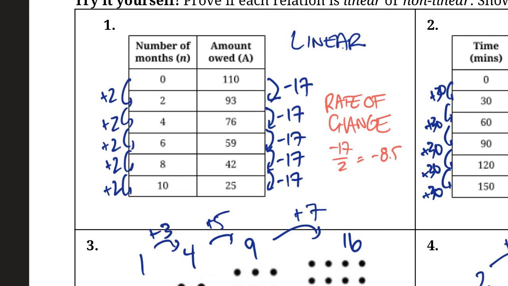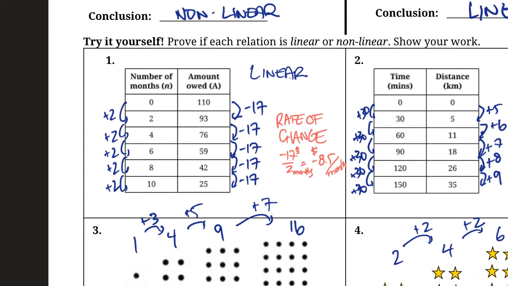And the units there, amount owed would be dollars, so it would be dollars per month. Right, because this is negative $17 and 2 months. So we could find the rate of change. You can only really find the rate of change for a linear relation because it's not going to be the same for a nonlinear relation.